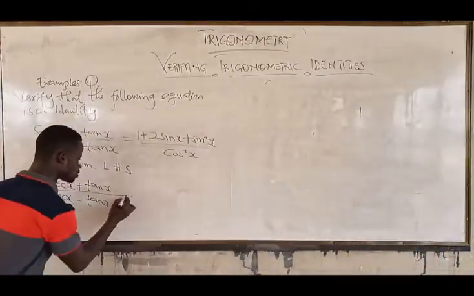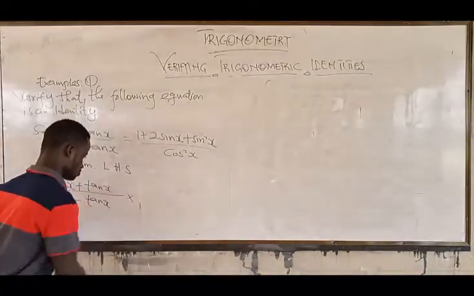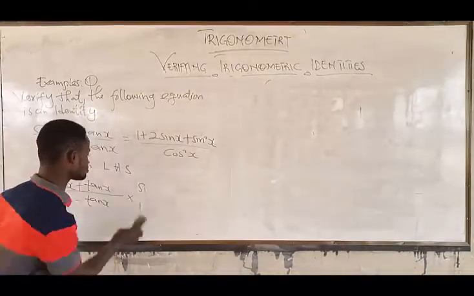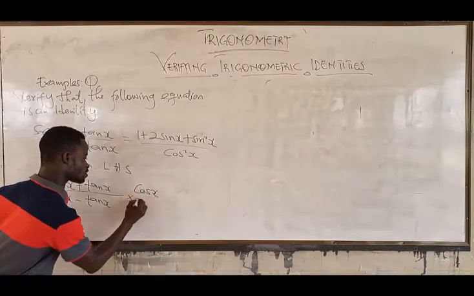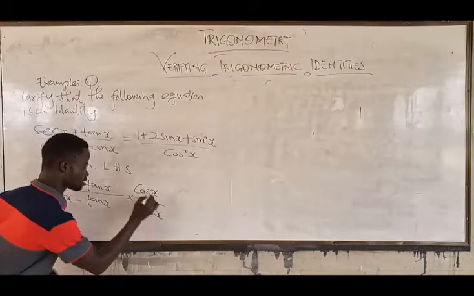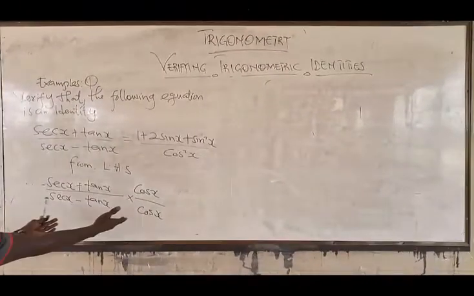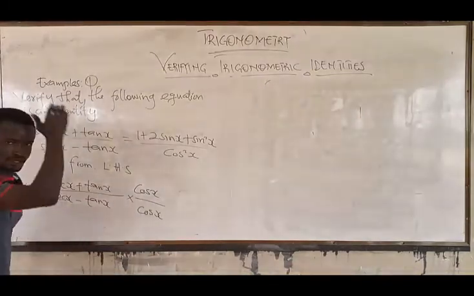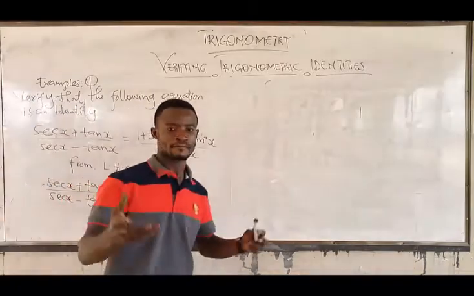So to multiply it by 1, it is the same as multiplying by cos x over cos x. This doesn't change anything because it is the same as 1. Let's move on.